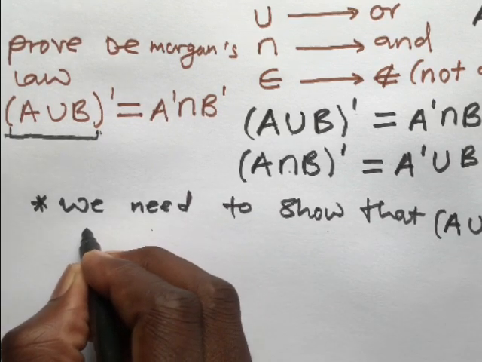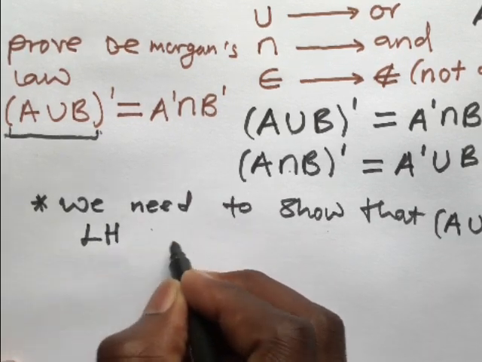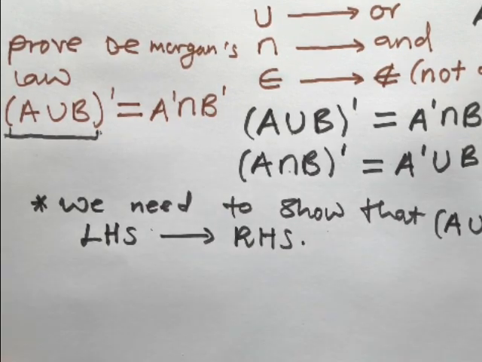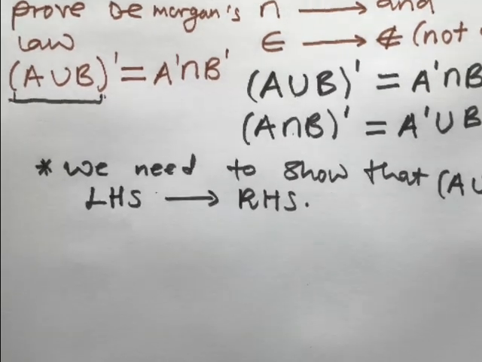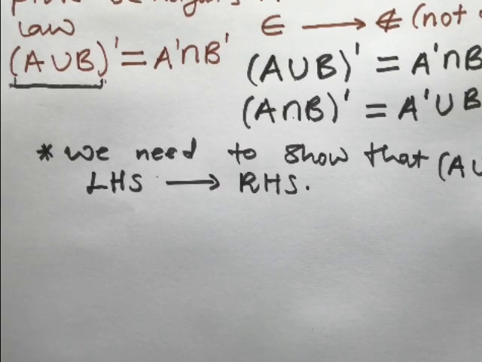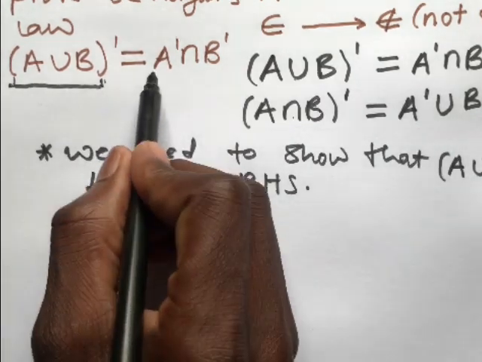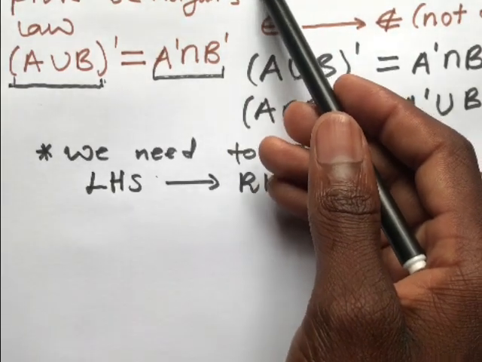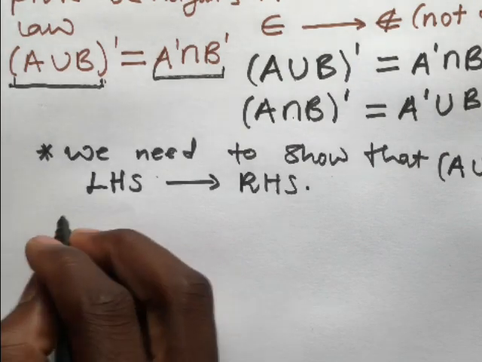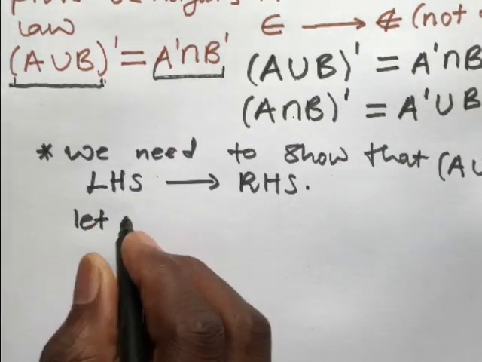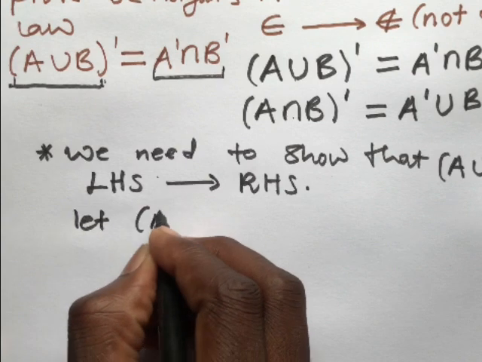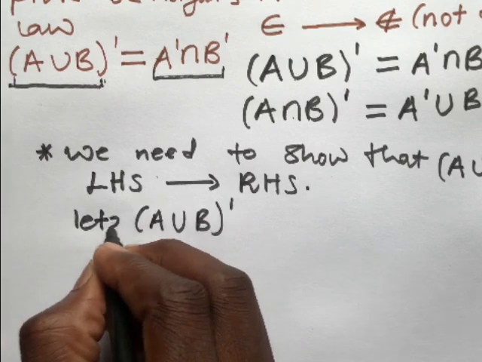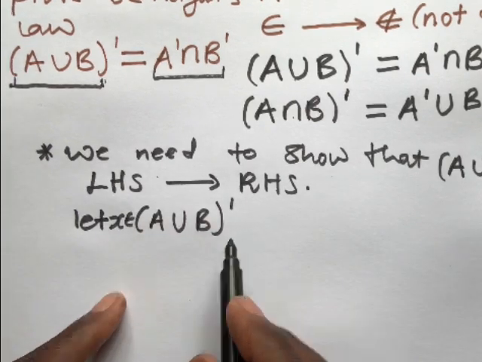So here we move from the left hand side going to the right hand side. What are you supposed to do next? I'm going to start with this to get what is here, and you have to know how to change the symbol, or rather the sign, to a word. So I'll say let X be a member of this set, A union B complement.